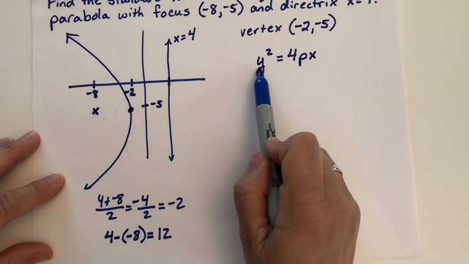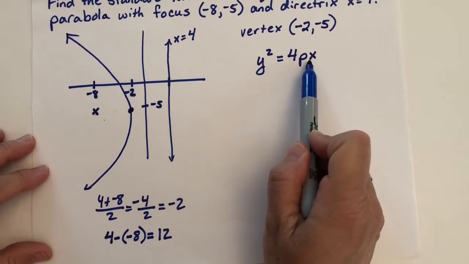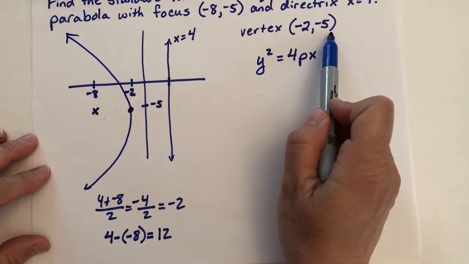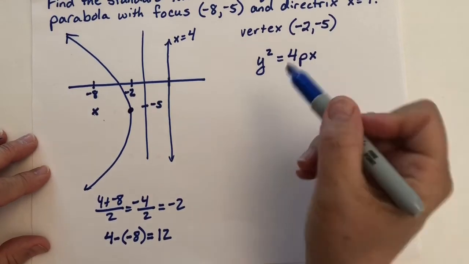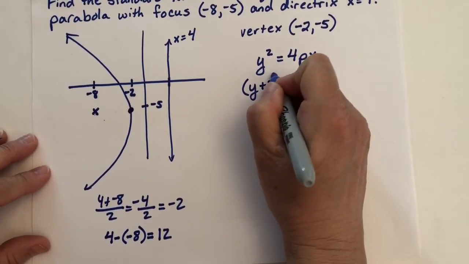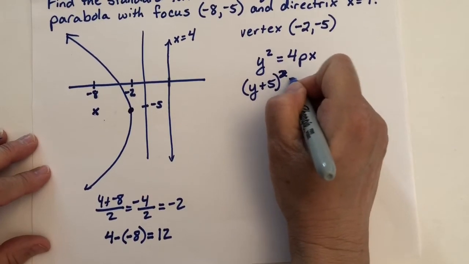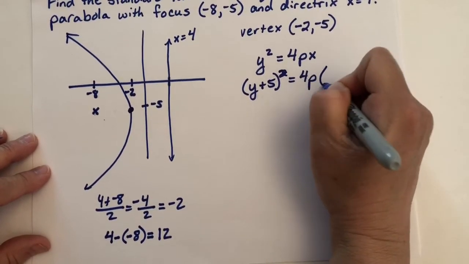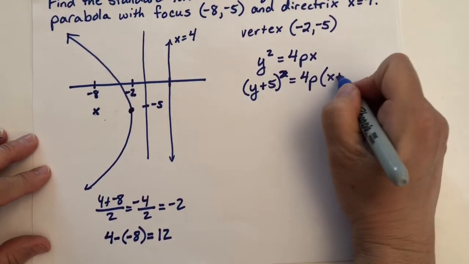But this one assumes the vertex is at the origin. Let's pop in the vertex of -2, -5. So I have y minus the y coordinate squared equals 4p times x minus the x coordinate.